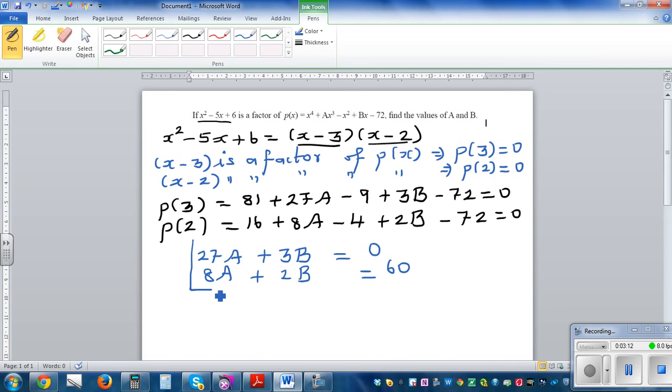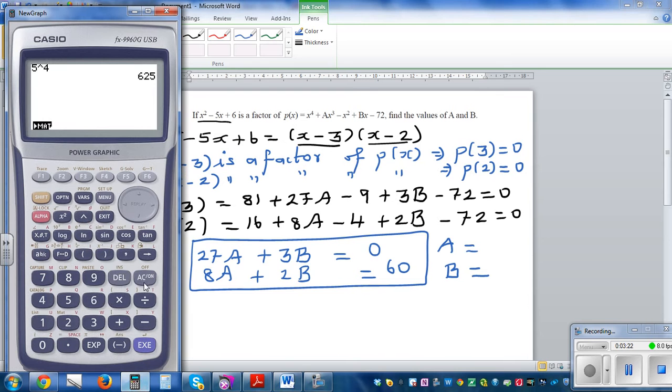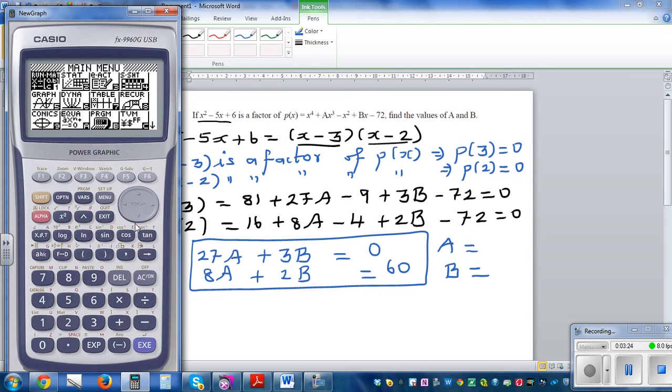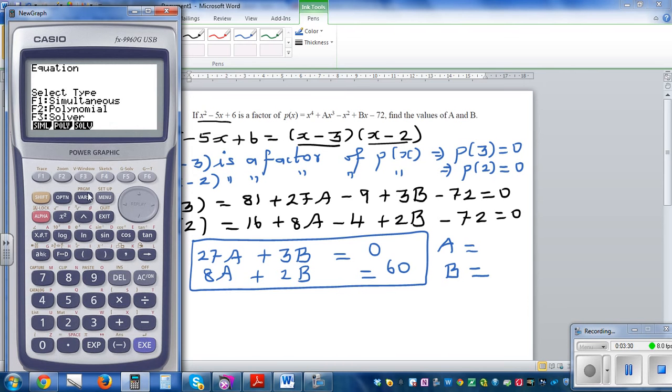Okay, so if you solve for a and b using a calculator, you can go to simultaneous. Okay, so let us use a calculator. So go to equation. Yeah, here it is. Go to simultaneous, two unknowns.